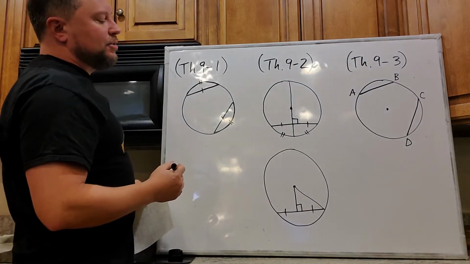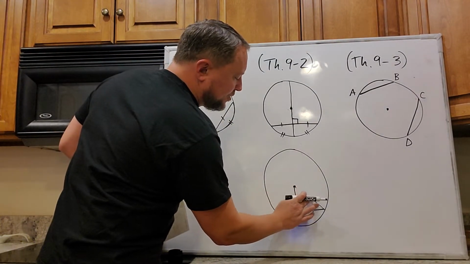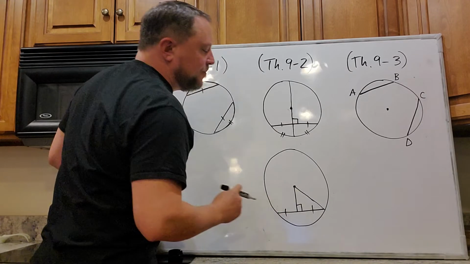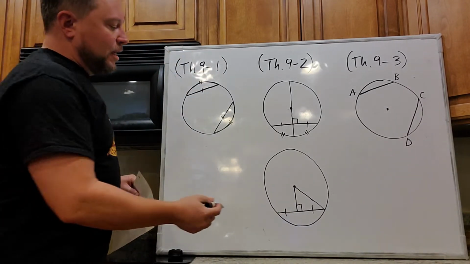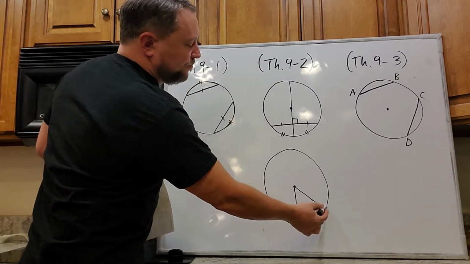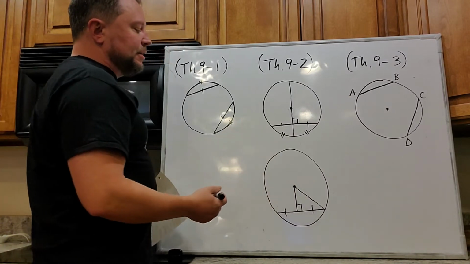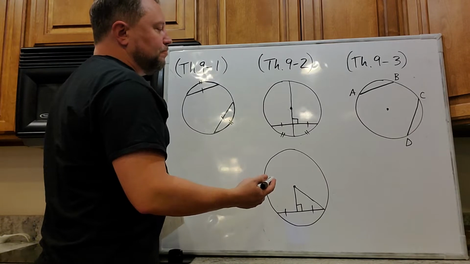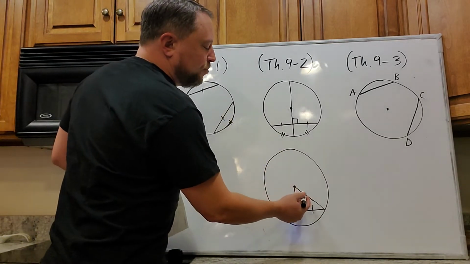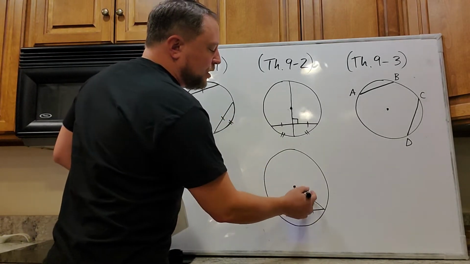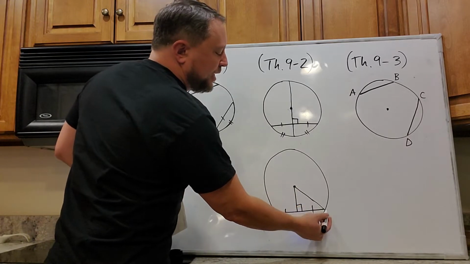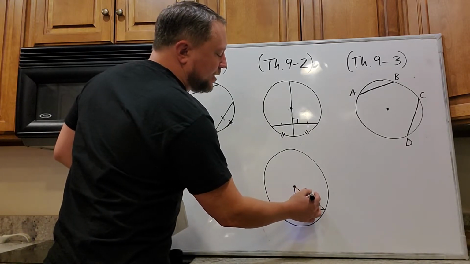Even though I didn't make that very straight, that caps off a right triangle. So on a problem like this, we're going to refer to the different parts in this picture. For example, from the center out to the edge, you already know that that's called a radius.